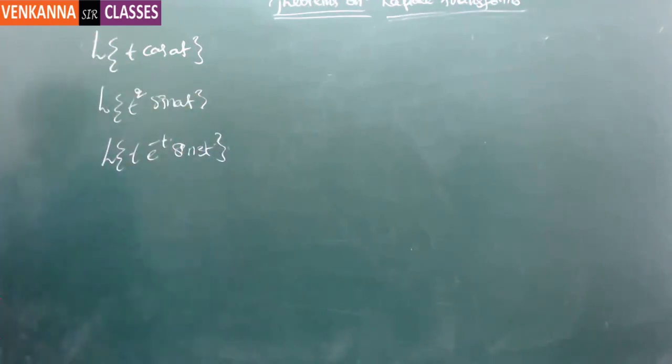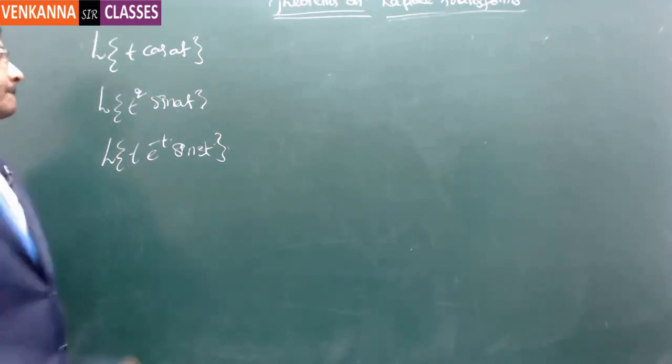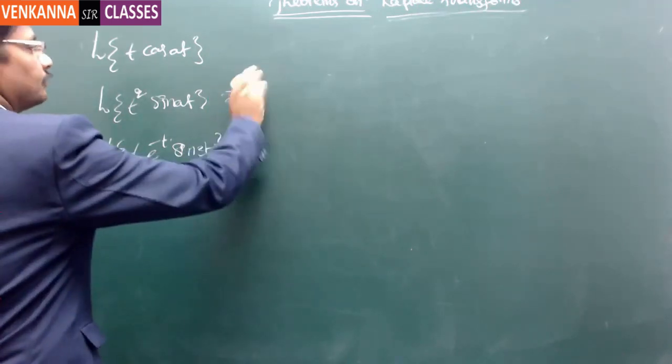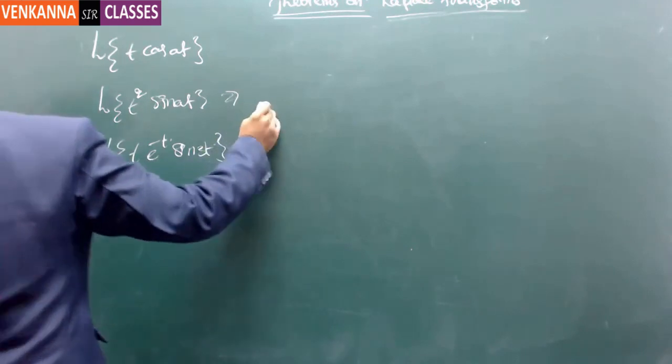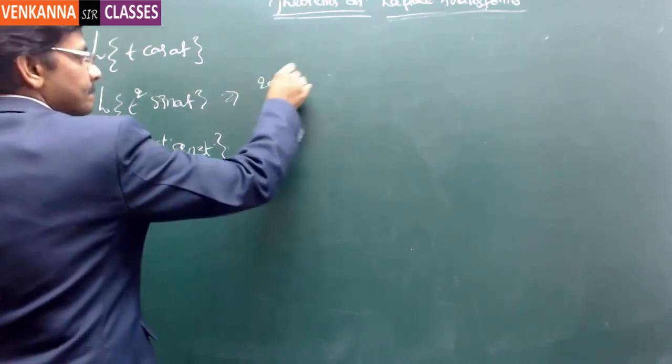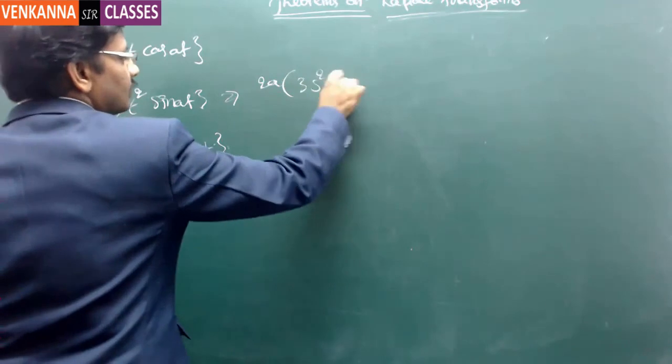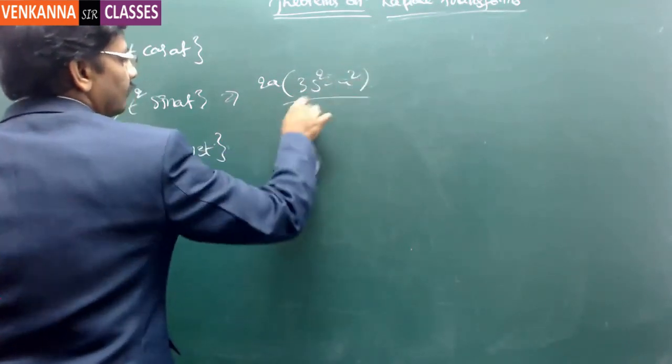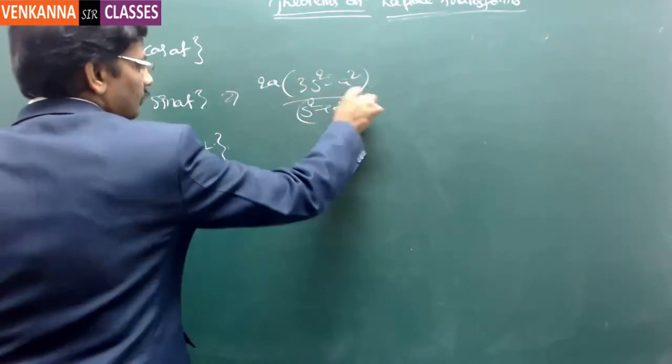What is the Laplace transform of it? This answer is 2a into 3s square minus a square divided by s square plus a square whole cube. This is the answer.